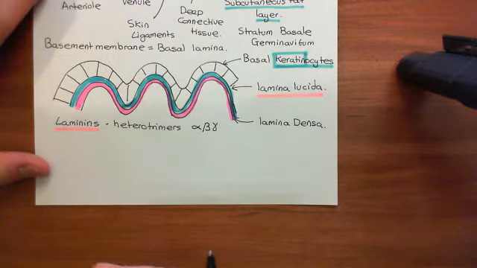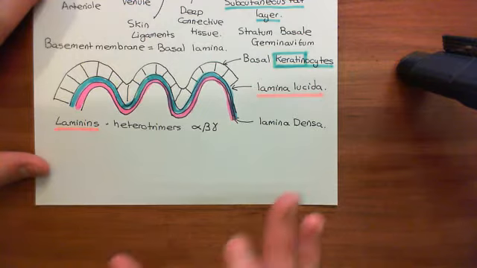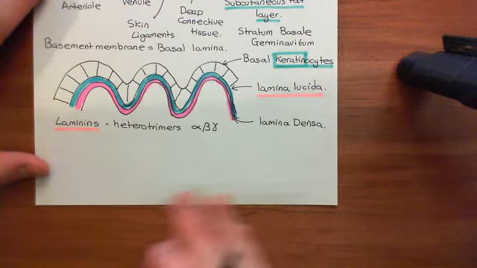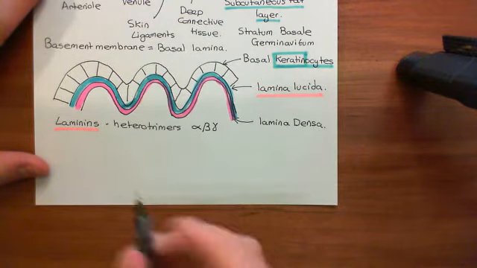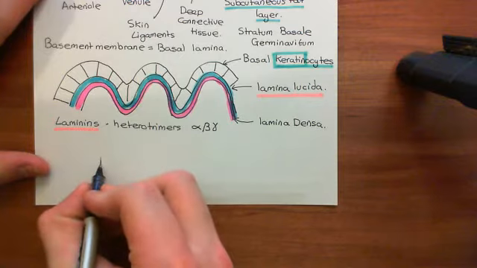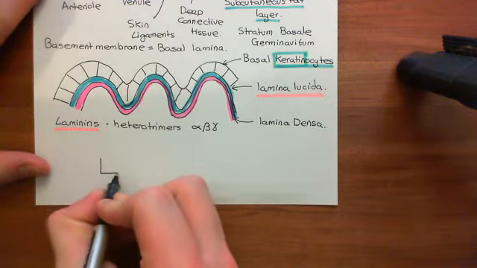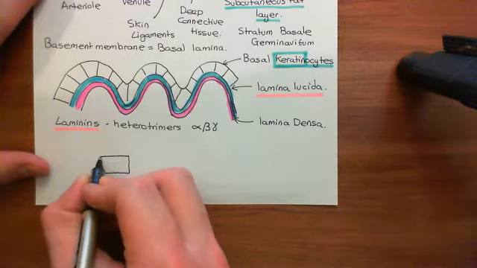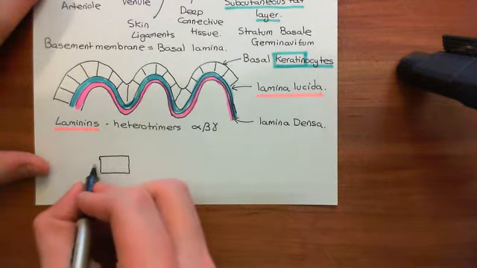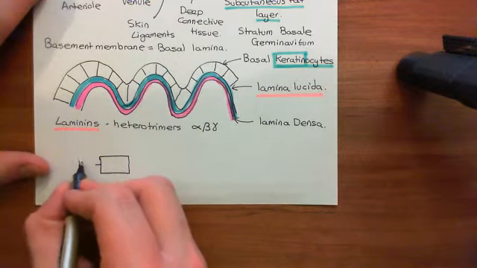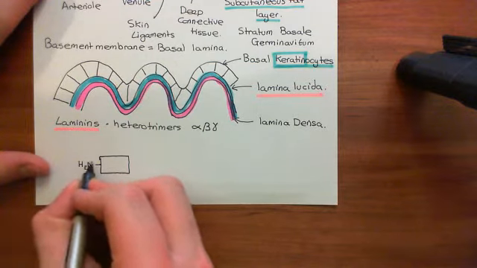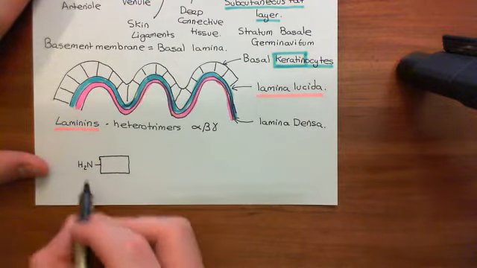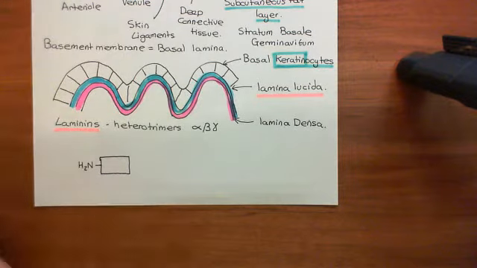Let me now show you the structure of one of these heterotrimeric laminins. We'll start off just by discussing the structure of an alpha laminin, and then we'll see how we're going to join it with a beta and a gamma laminin. The alpha laminin is a single polypeptide, so here is its amino terminus.